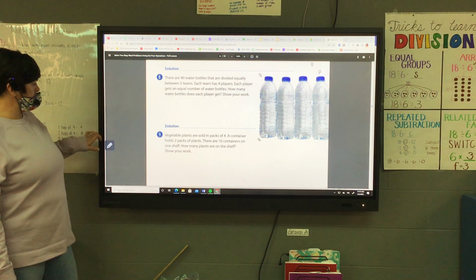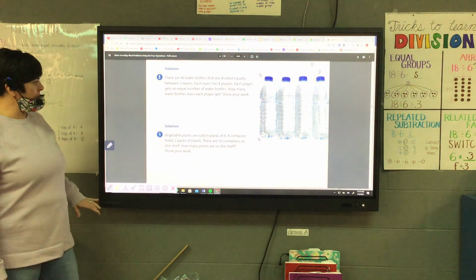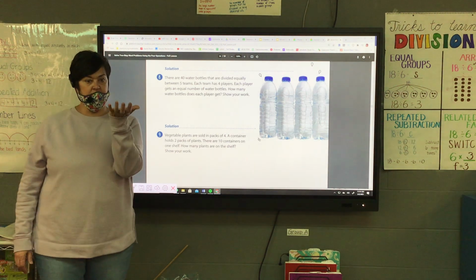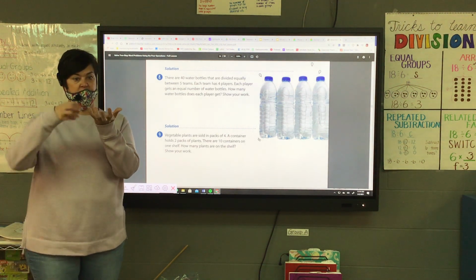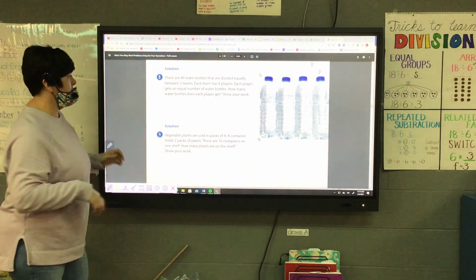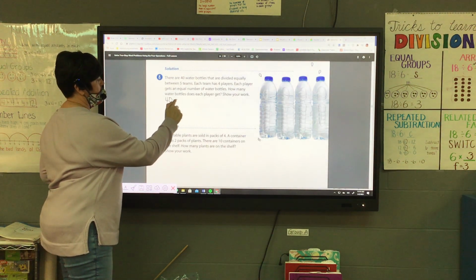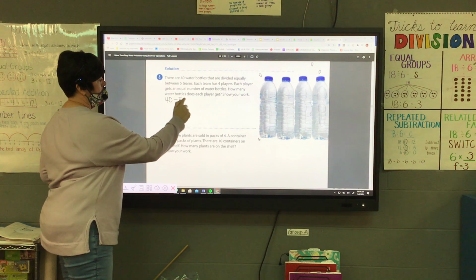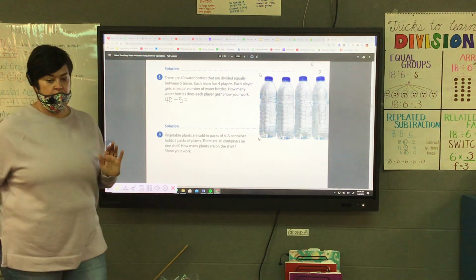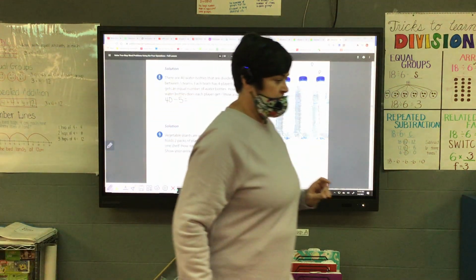Okay, I would agree with you because I have to figure out how many water bottles each team is going to get from that. All right, so 40, you're saying divided by 5? Figure out what 40 divided by 5 is.